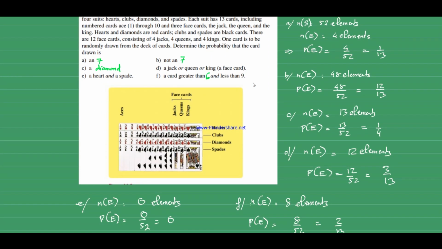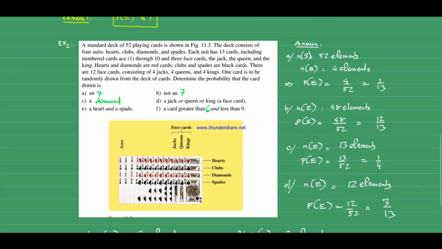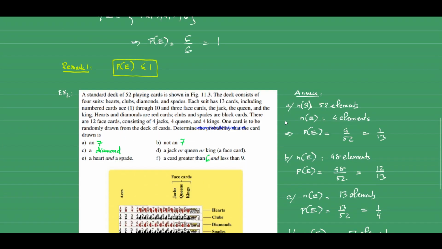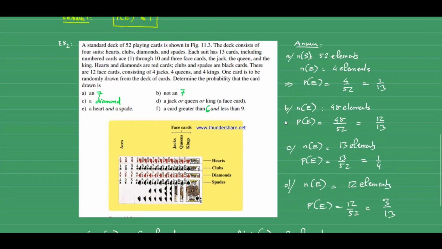Now I want to mention over here, based on this example, a secondary remark. You see the probability of getting 7 is 1 over 13, and the probability of not getting 7 is 12 over 13.